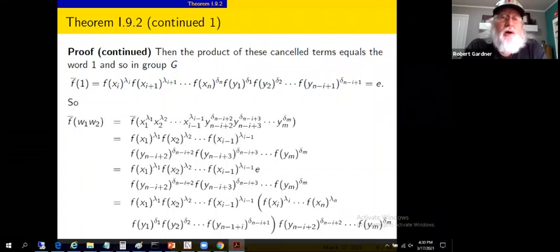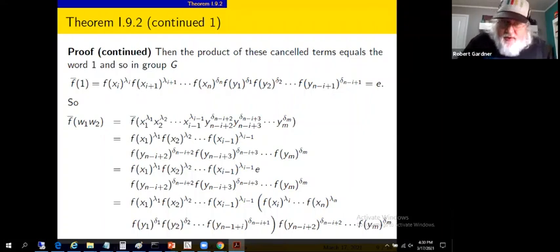We're trying to show F bar is a homomorphism. So let's take F bar of W1, W2. This is similar to what we did in the previous theorem in the proof. Well, here is W1, W2. Of course, the problem is there's a bunch of stuff missing, right?